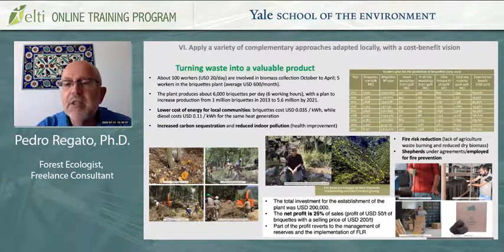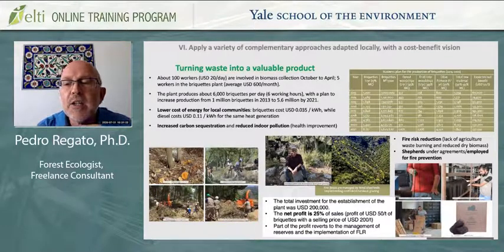The fire risk has reduced significantly because waste is no longer burned, and because the biomass collection in the forest happens in areas such as buffer areas along roads or in high fire risk areas.